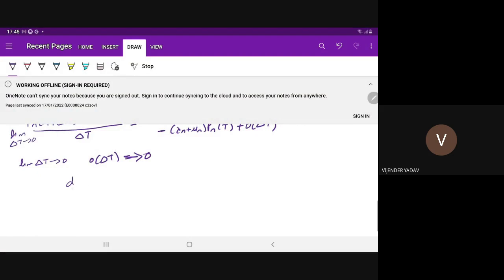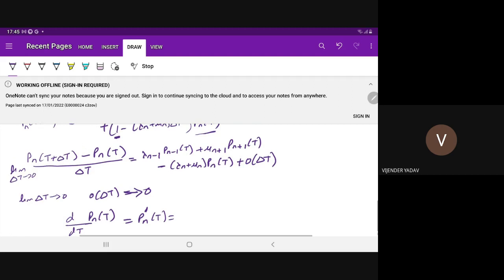It is d by dt of p n of t, the first derivative of p n of t, that is p dash n of t, and it is equal to minus lambda n plus mu n p n of t plus lambda n minus 1 p n minus 1 of t plus mu n plus 1 p n plus 1 of t.